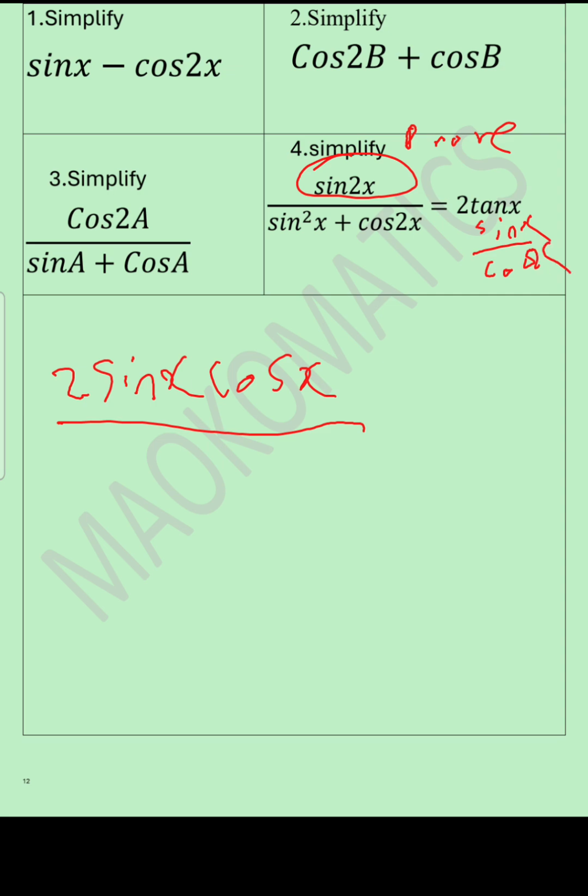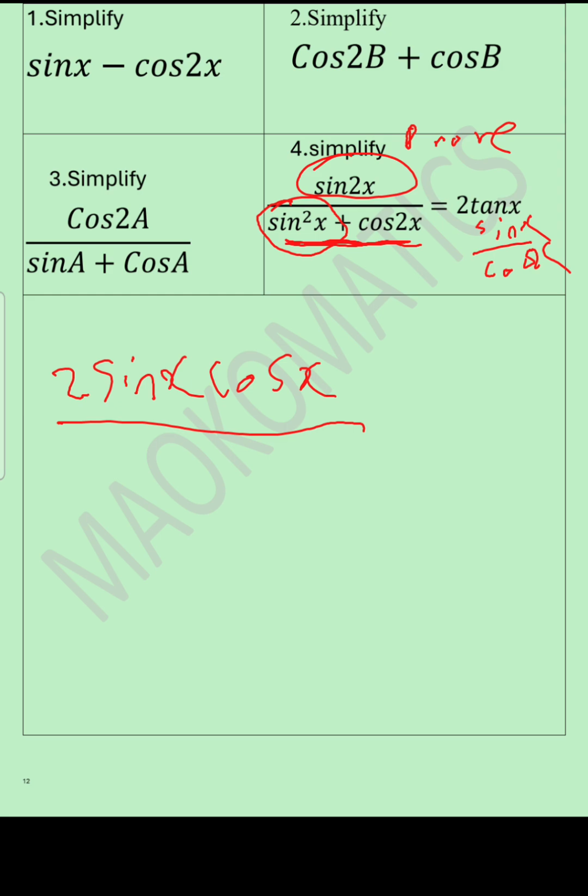So when I prove that this whole thing is equal to tan, I know that tan has got cos in the denominator. So here the aim is to have cos in the denominator. I must remove this sine here if possible, so that I remain with cos.